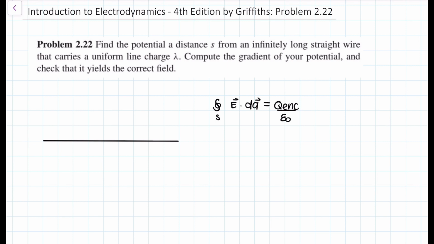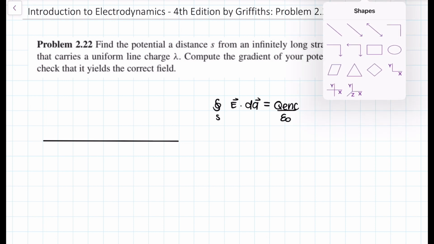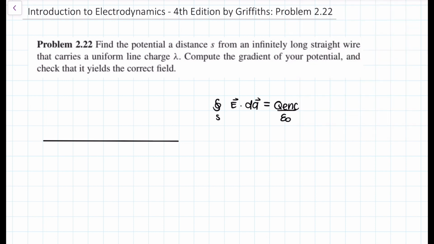So the integral over the closed surface of E dot dA will be equal to the charge enclosed by the Gaussian surface over epsilon naught. And in this problem, because we have an infinitely long straight wire, we can use cylindrical symmetry to solve for the electric field. In order to use this, we need to draw a coaxial cylinder around the wire.